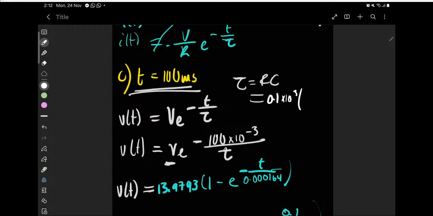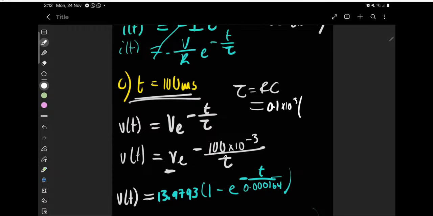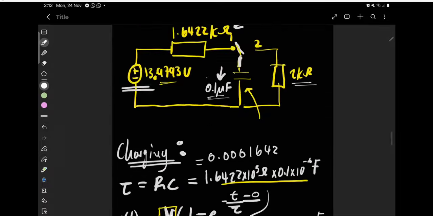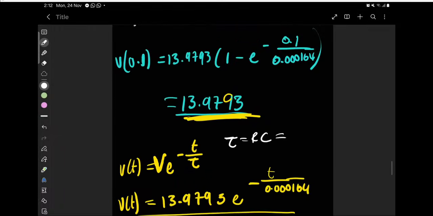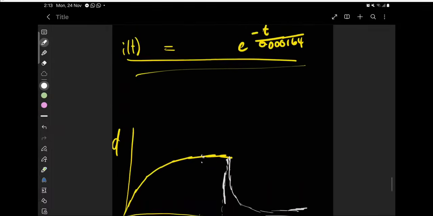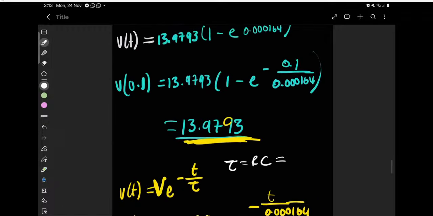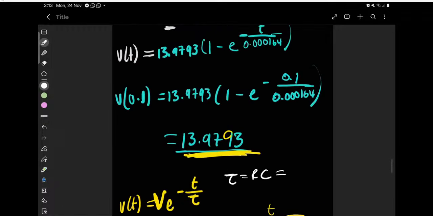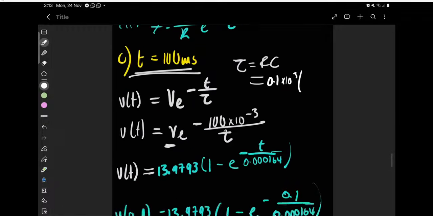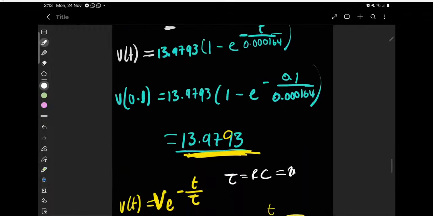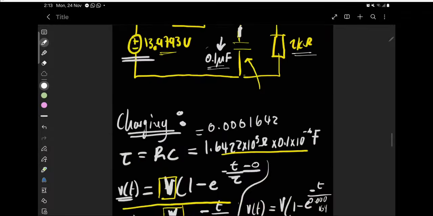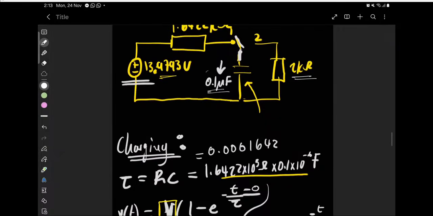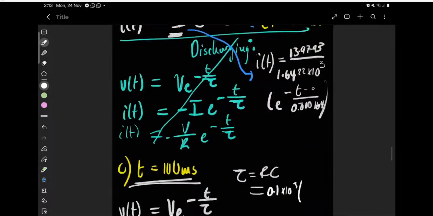It's 0.1 times 10 to the negative 6. For the R, let's do 2 kilo ohms. So it's 2 times 10 to the 3 ohms plus 0.1 times 10 to the negative 6.